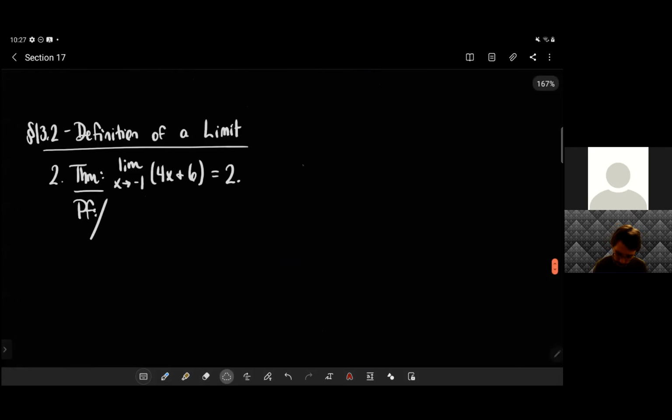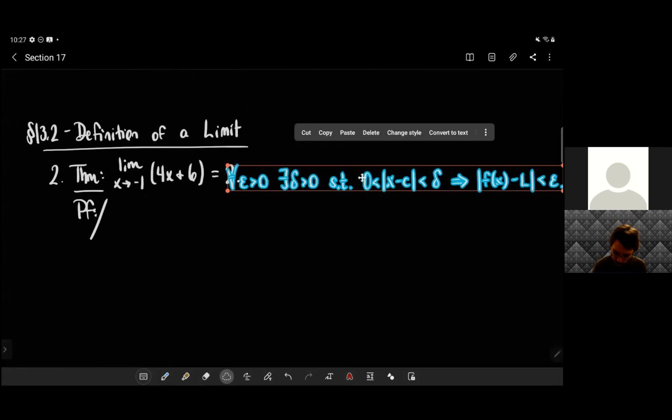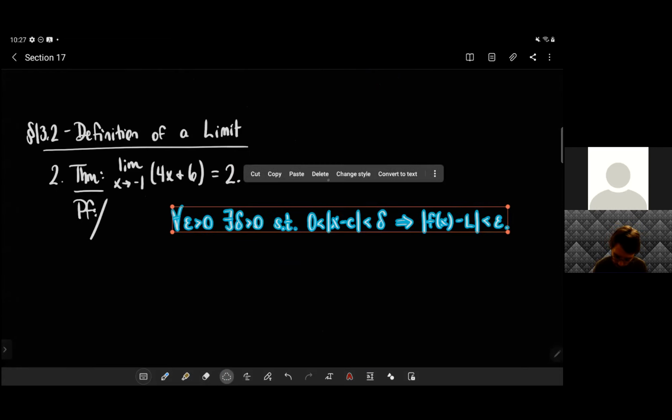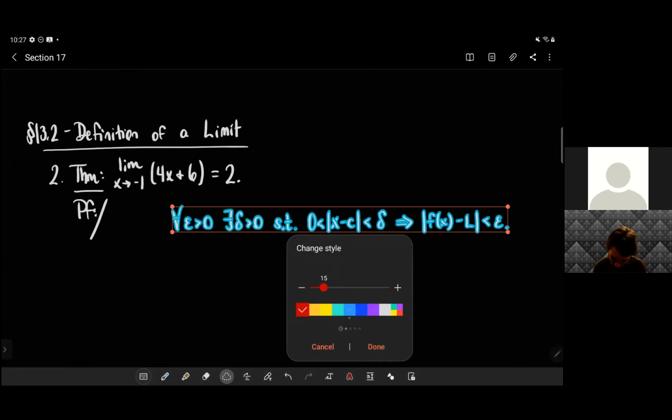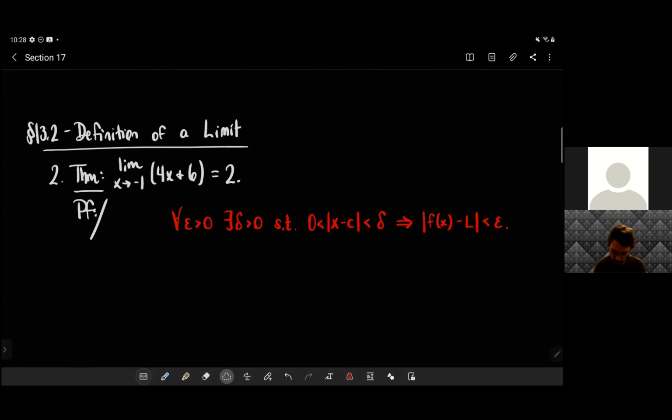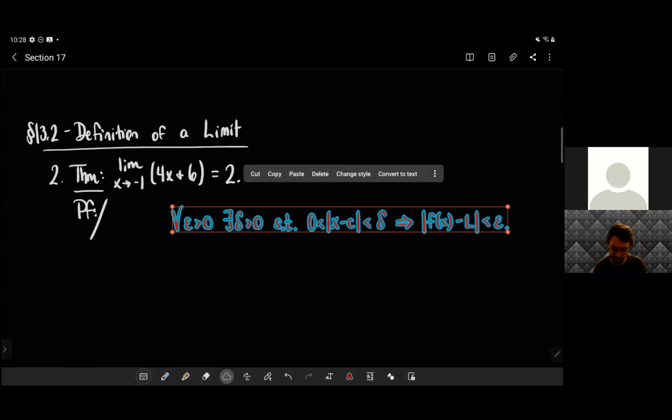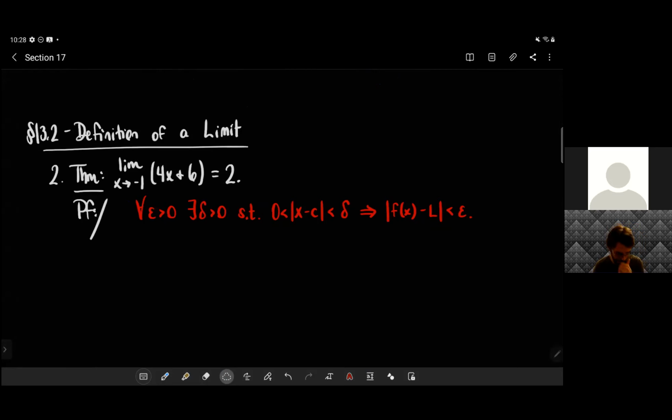So I'm just going to plop it here because I suspect most people have not memorized it, at least not yet. And we'll put it in red. Make it look intimidating. Okay. That's our definition of a limit. And we'll just take it for what it is. At the moment, we'll think of it as a smattering of symbols and try our best to work with it.